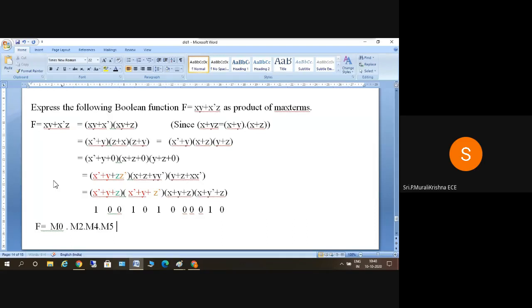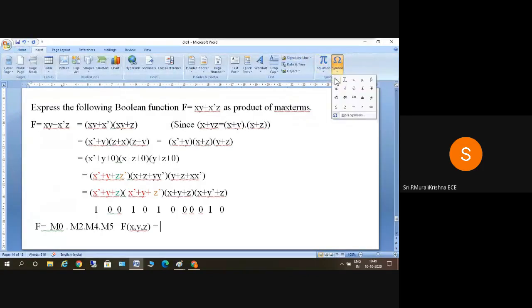So I can write this as f of xyz, because x, y, z are the input variables, is equal to pi of 0, 2, 4, 5. Clear? Yes, sir. Okay, so any doubts, let me know, because these concepts are very important.